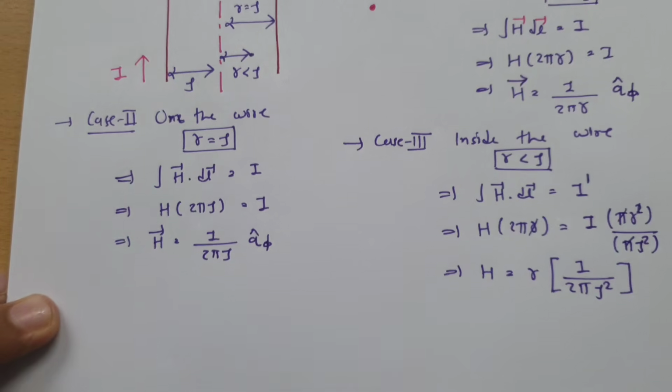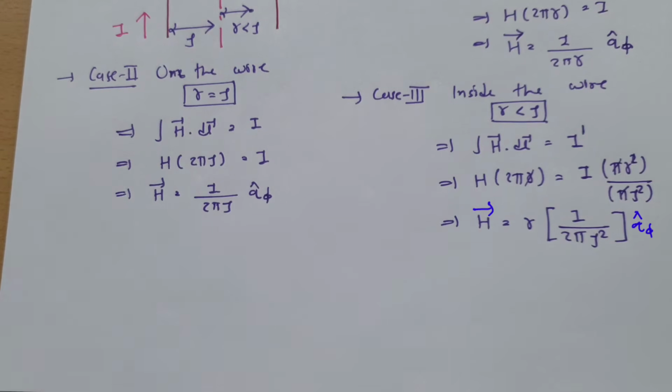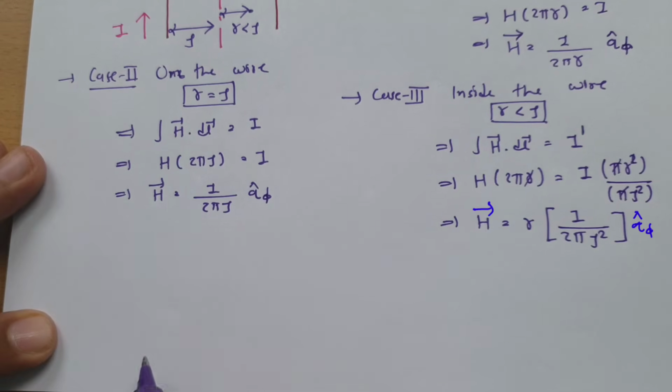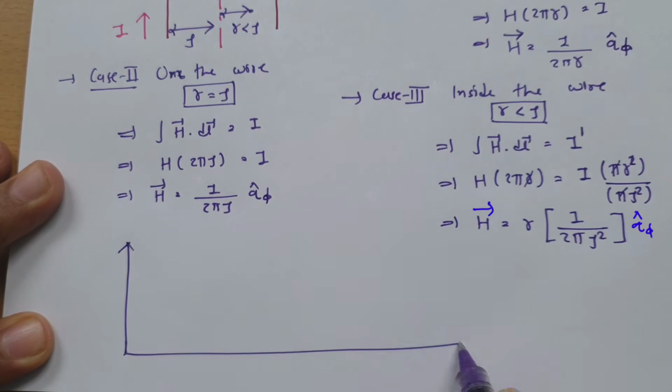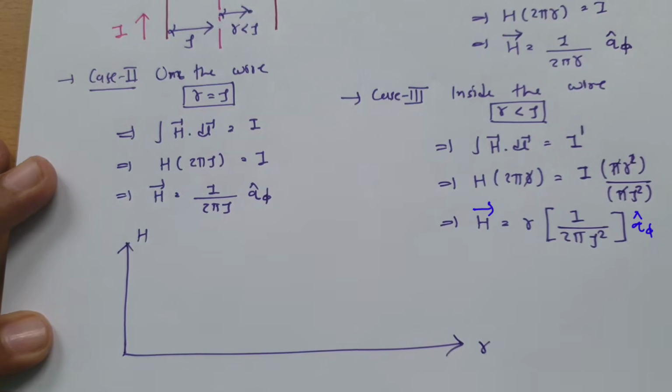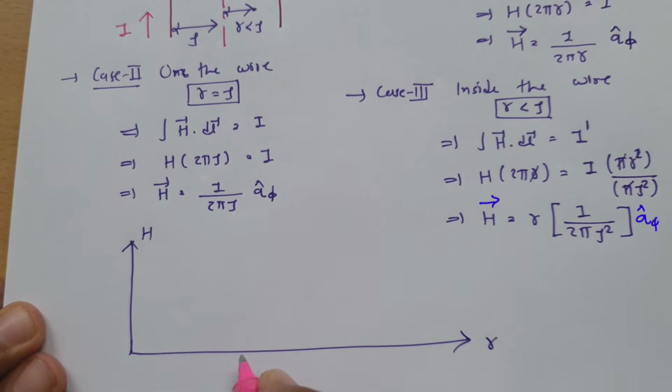So if you showcase this with respect to distance, then it will give you a better idea. See, over here we have the magnetic field intensity, and over here we have distance. Now if I say this is radius rho, then this is the region inside the wire.